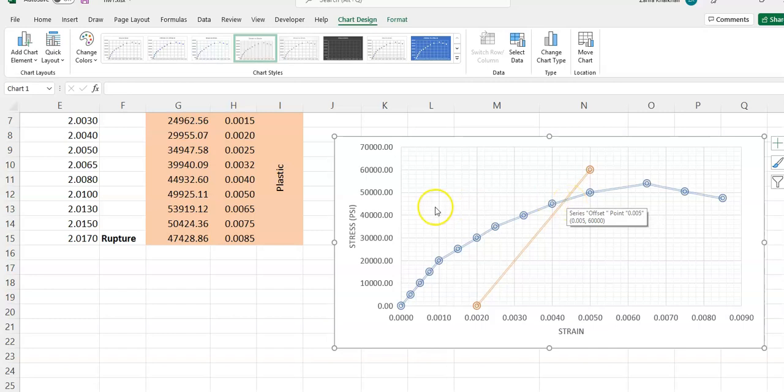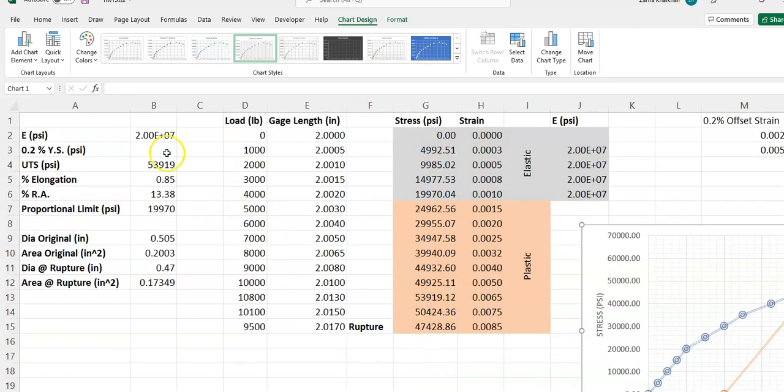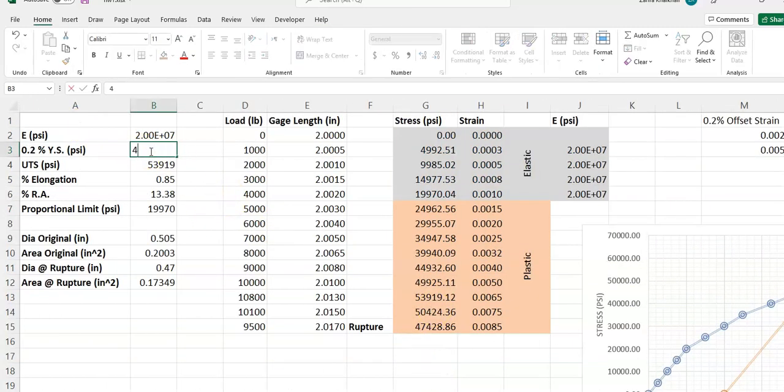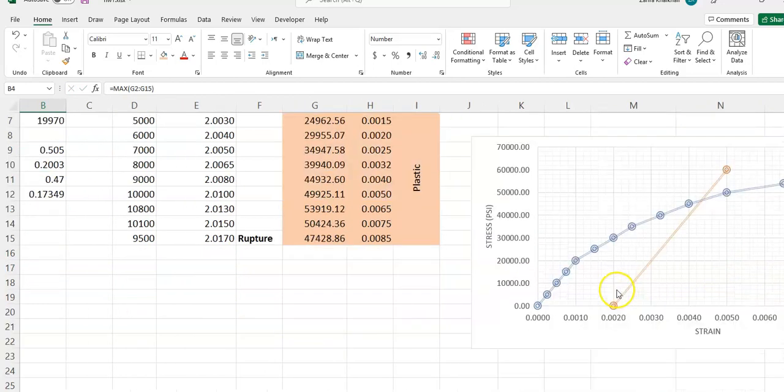Here it looks like it is about 47,000. So let's type 47,000 here. That would be the 0.2% offset yield strength of this material that we obtained from the intersection between these two lines.